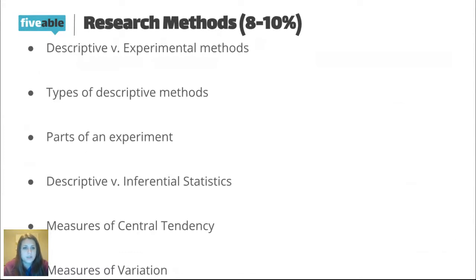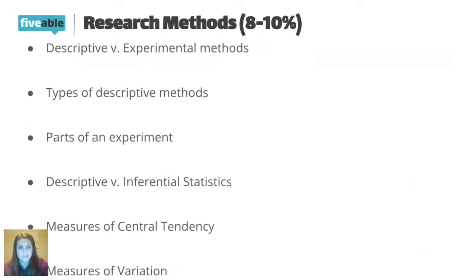And then lastly, measures of variation like standard deviation. So this is a broad list. Again, I'm going to highlight a couple of topics that I think are sometimes confusing and that people struggle with. But again, if you cover these broad topics, I feel like you should be pretty set for any semester exam or cumulative test.